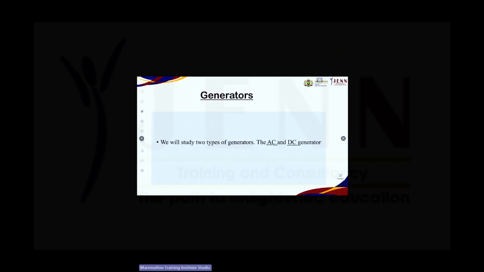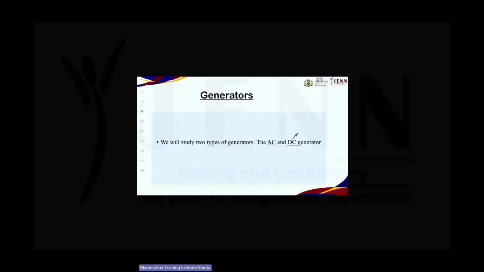Remember, when I explained the motor, this is also where those two rings come in. With the motor we said that was our direct current motor, but now this is just the generator, so we work with our DC generator.